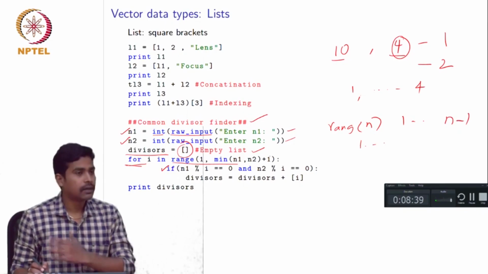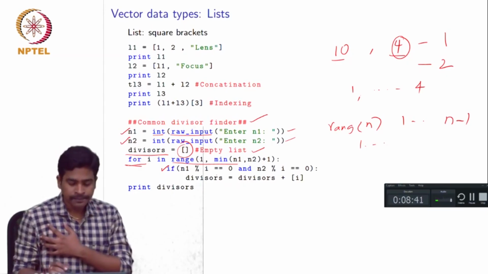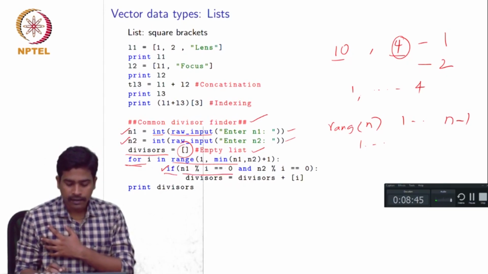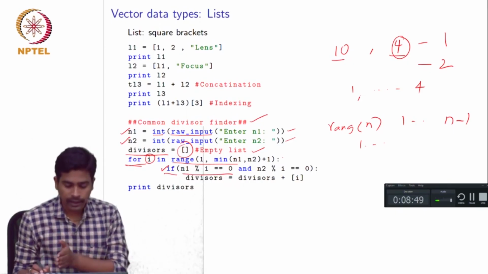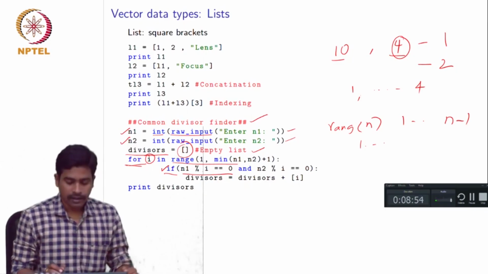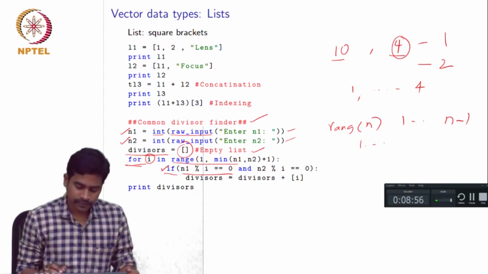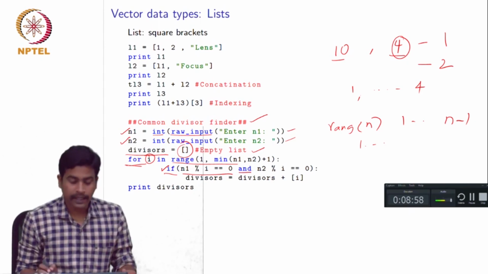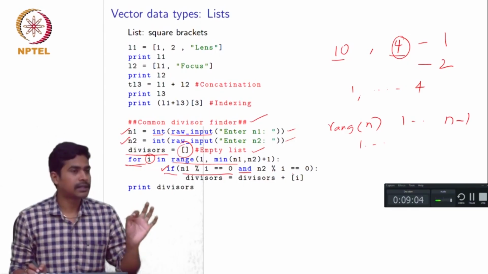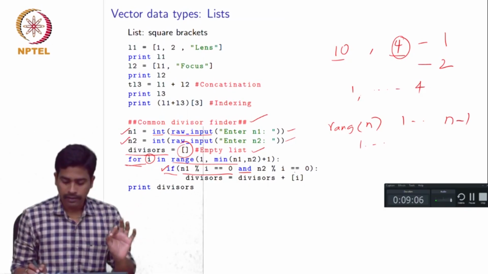We are adding 1 to the smallest number, and in the if statement I am checking if the number i, which is in the list of values, is dividing using the percentile operation, and again using a conditional, logical statement, to see if the number in the list is dividing both or not.